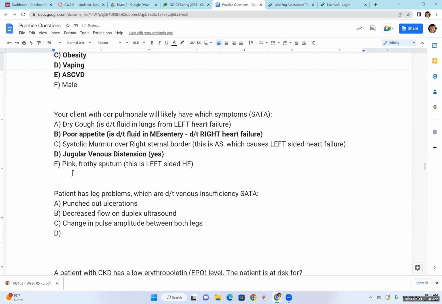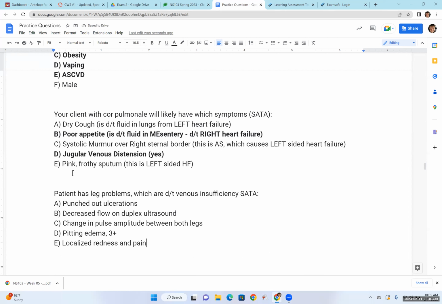Oh, if I had the energy, I'd write ankle brachial. All right, so which one? Chest pain is from lack of oxygen. So you have punched out ulcerations also. This is due to what? So did it punch out ulcerations? No. Due to arterial.